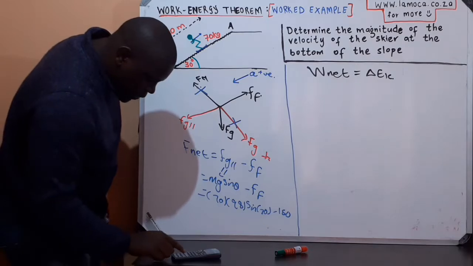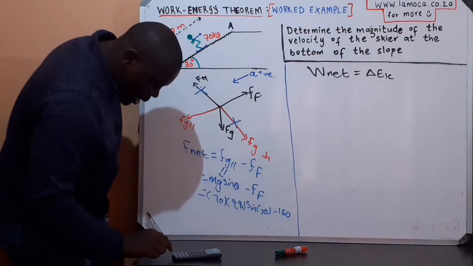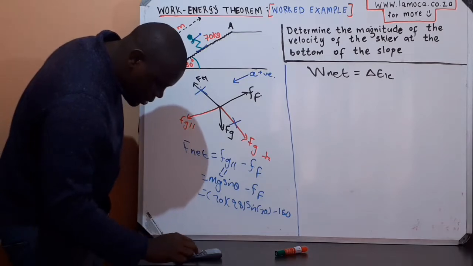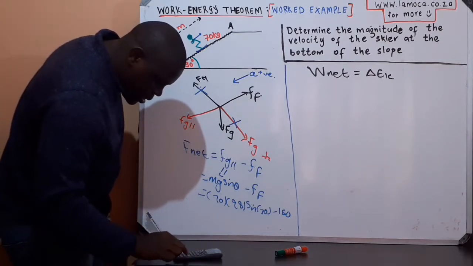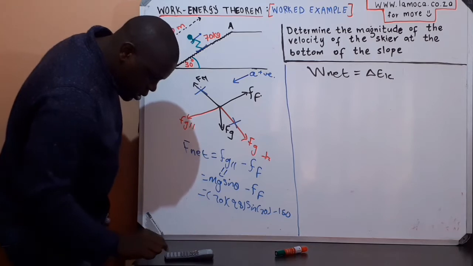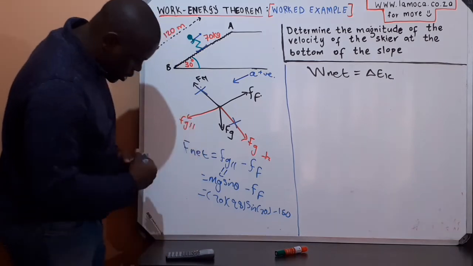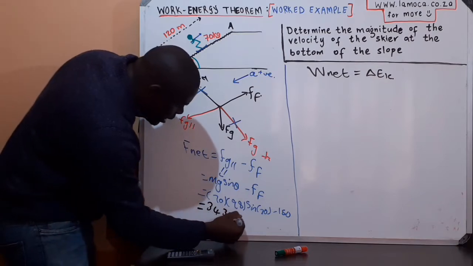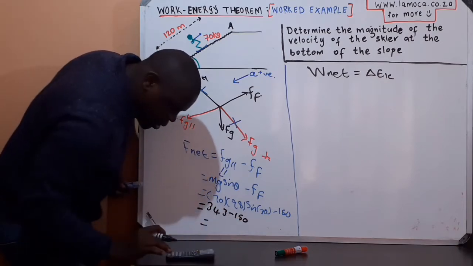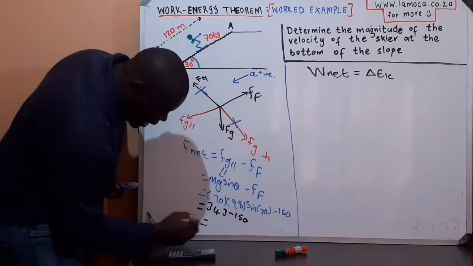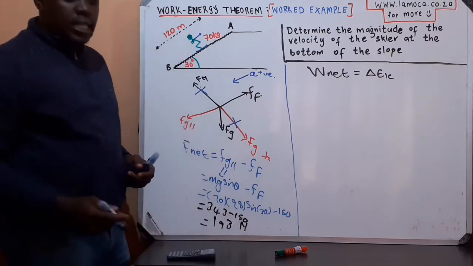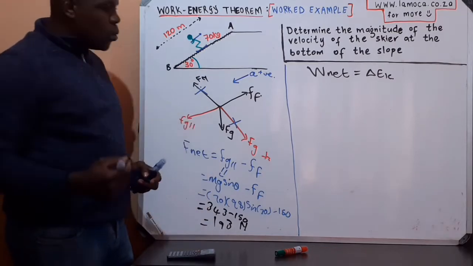So 70 times 9.8 times sine 30 degrees, which is 343. So you've got 343 minus 150, which gives you 193 newtons. This is the net force acting on this object as it goes from point A to point B.